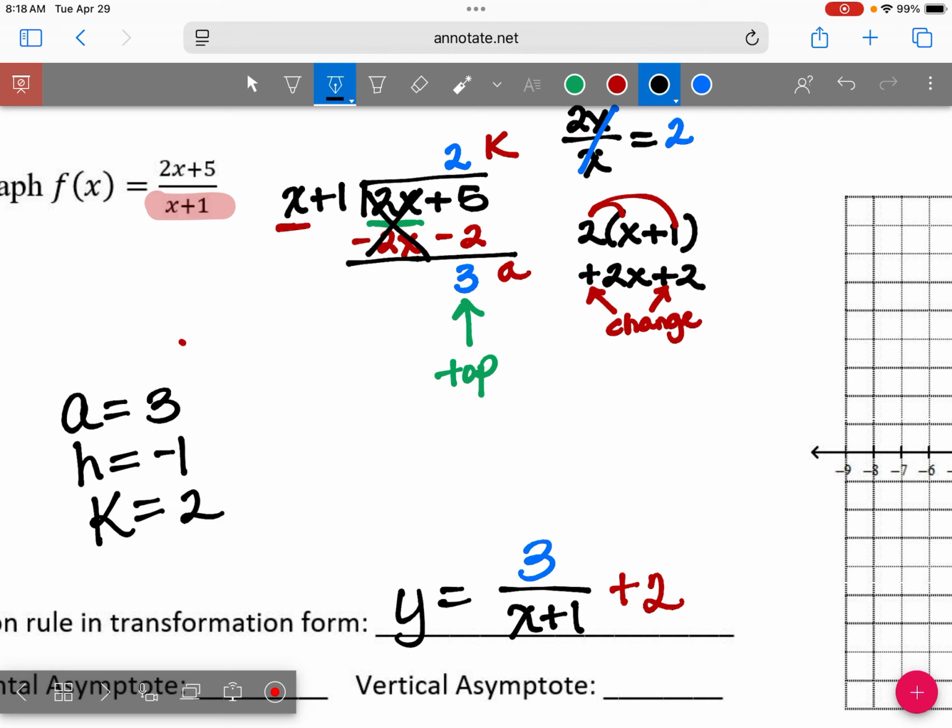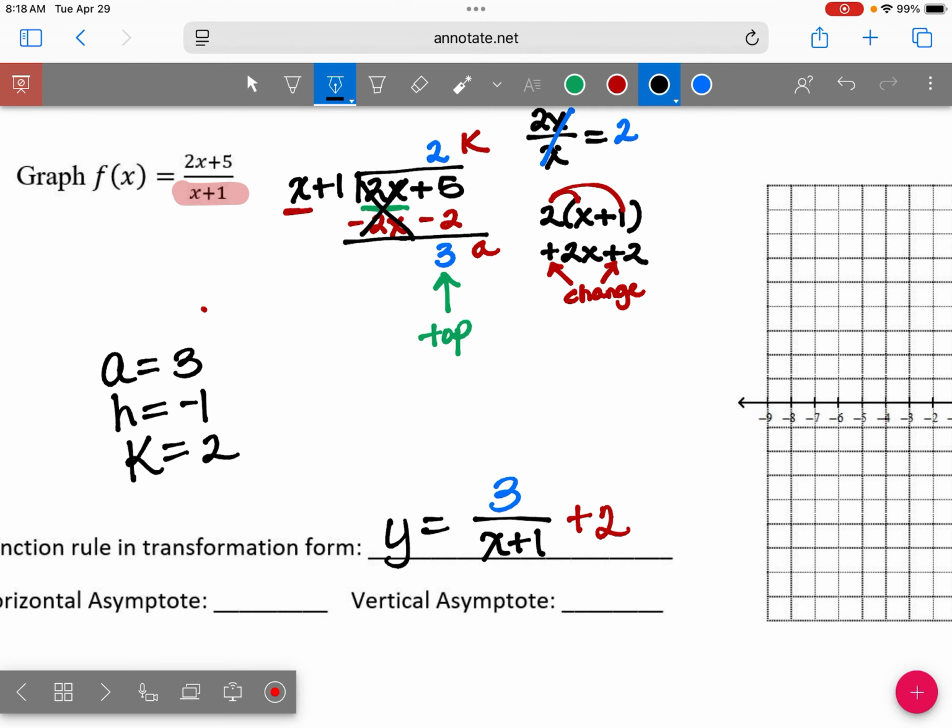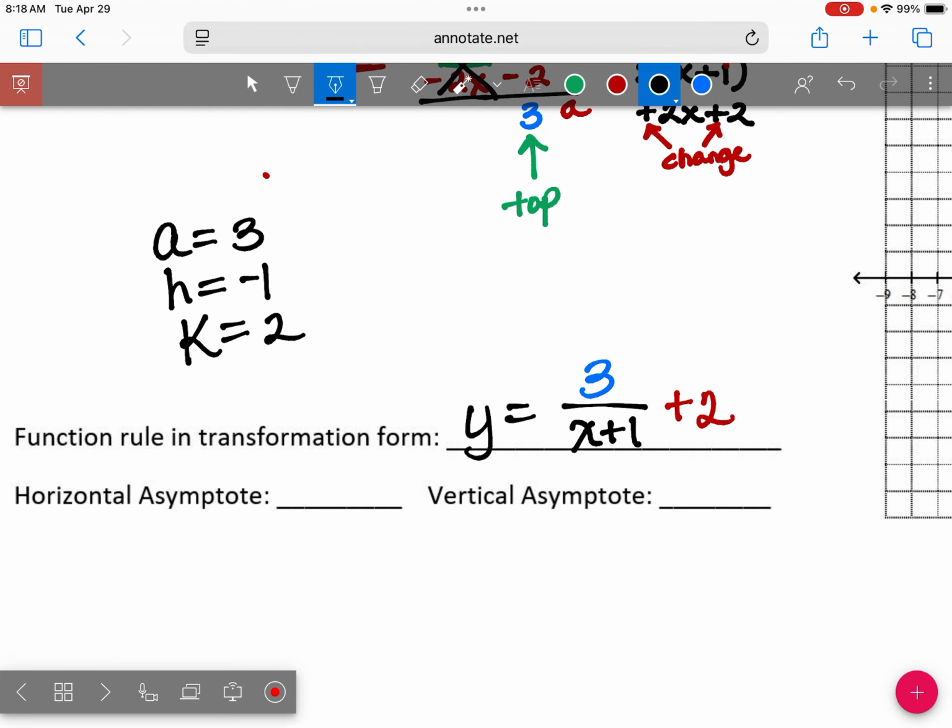So let's go ahead and graph it. When you're finding your horizontal asymptote, that's always going to be y equals k. So for this equation, it's going to be y equals 2. And your vertical asymptote is always at x equals h. So that's going to be x equals -1.